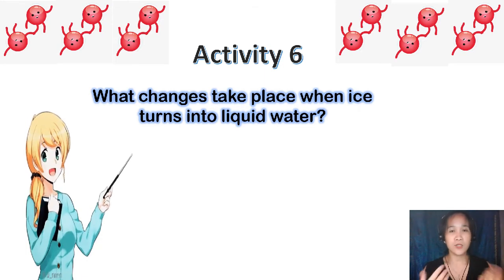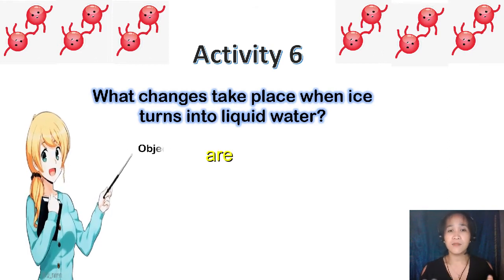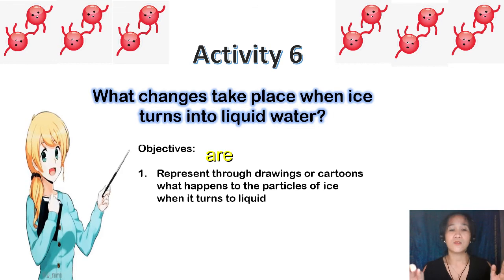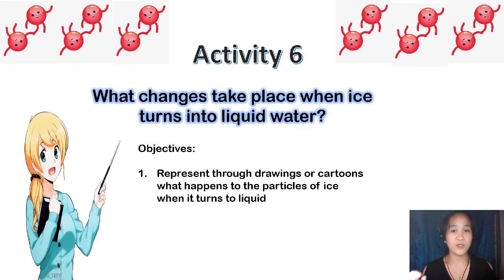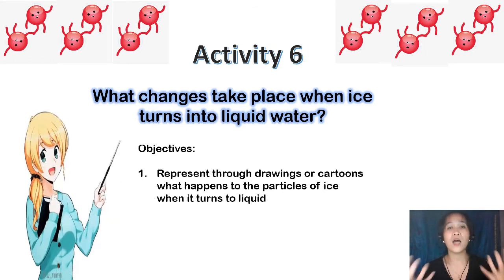So now let's proceed to activity number 6, which is entitled What Changes Take Place When Ice Turns into Liquid Water? The objectives for this activity are, first, to represent through drawings or cartoons what happens to the particles of ice when it turns to liquid. So this time you are going to draw again what happens to the particles of ice when it turns to liquid.